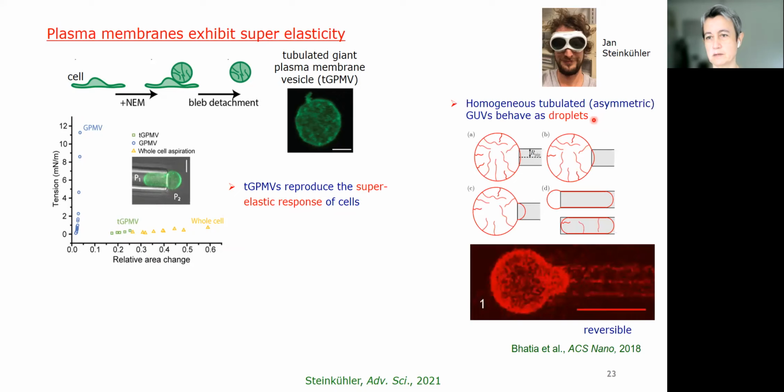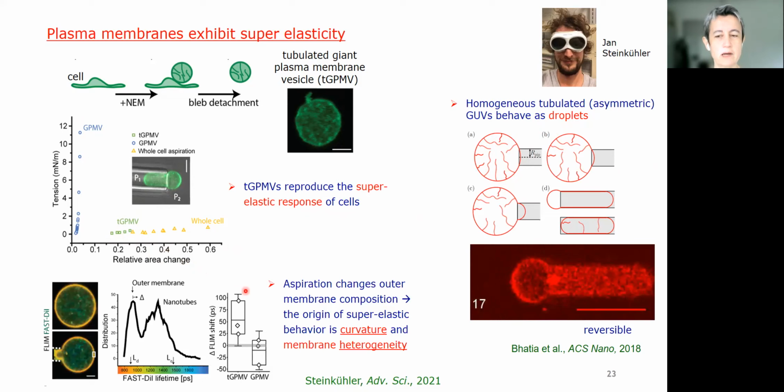We first suspected maybe it is the asymmetry in the tubes, but if you have homogeneous asymmetric vesicles with homogeneous membrane composition and you aspirate them, there is a critical tension at which the tube starts reabsorbing and the vesicle starts flowing inside the aspiration pipe. And this is not the case with TGPMVs, which is why we speculated that, apart from being asymmetric, the membrane is probably non-homogeneous.